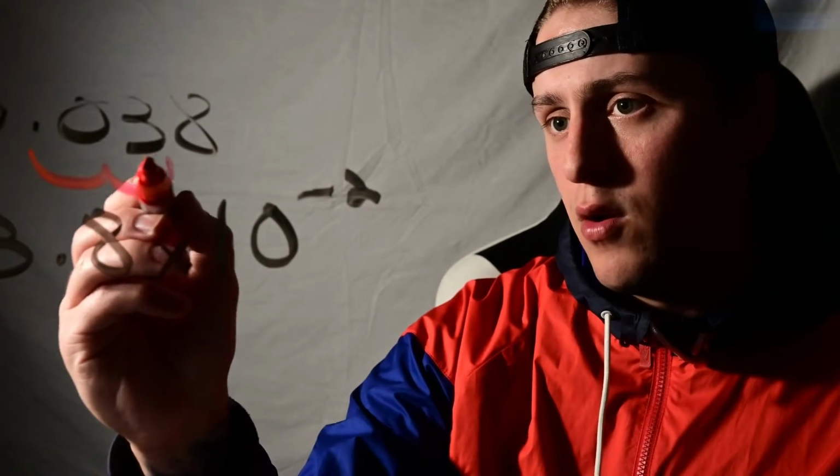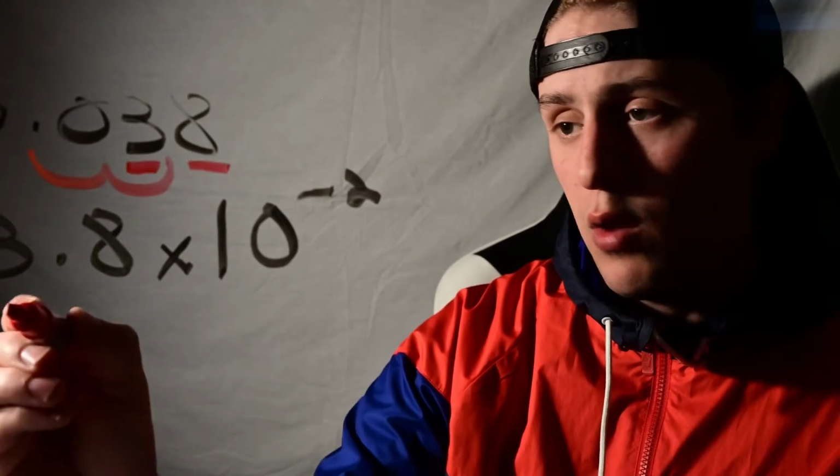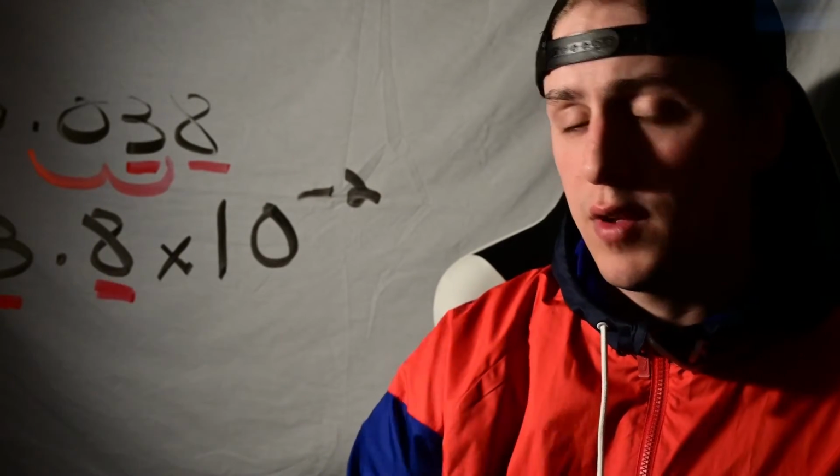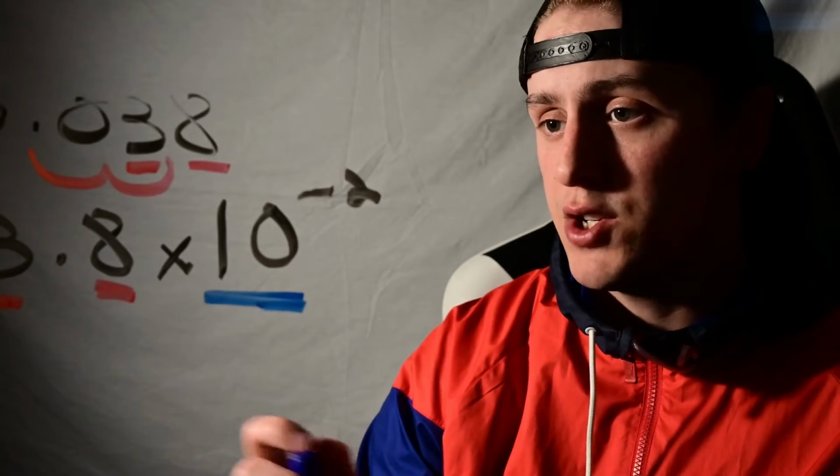We still have 2 significant figures and 2 significant figures here. This 10 is not part of our significant figures. The only part that we're checking for significant figures in scientific notation are these numbers here.